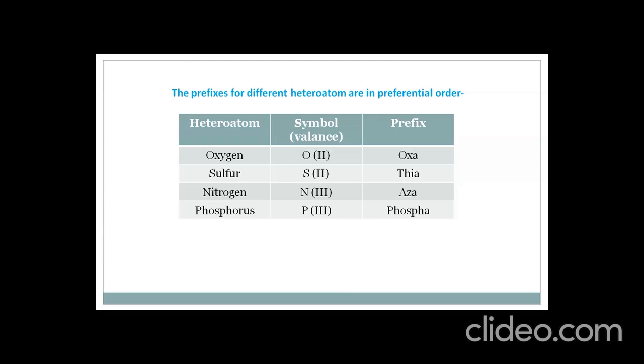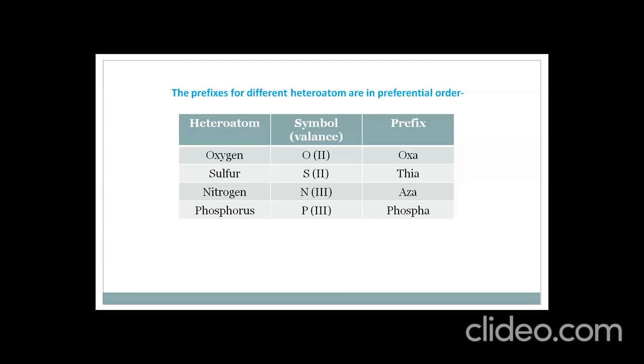If your ring has oxygen, which has the symbol O and a valency of 2, we use the prefix oxa. If sulfur is present, the symbol is S and it has a valency of 2, we use the prefix thia. For nitrogen, the symbol is N and it has a valency of 3, and we use aza as a prefix.